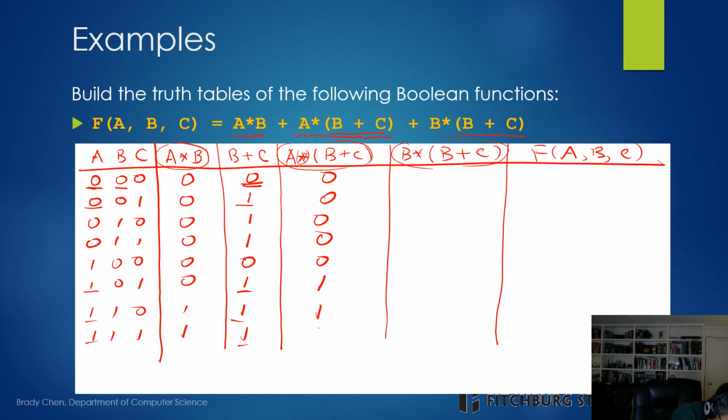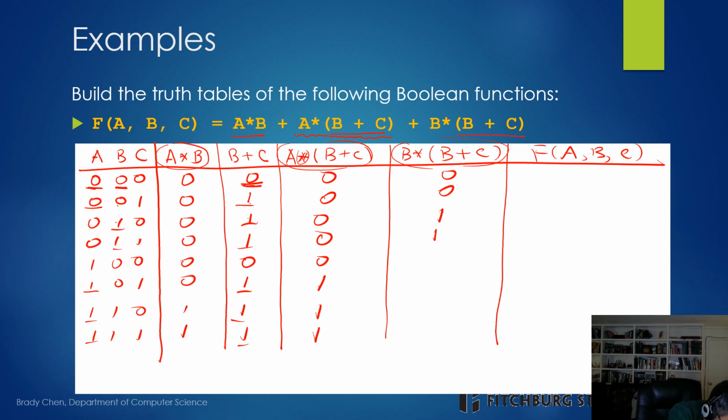And then B times B plus C. Again, B plus C gives 0, also 0, then 1, 1, 1, 1, that's 1. 1, 1, that's 1.